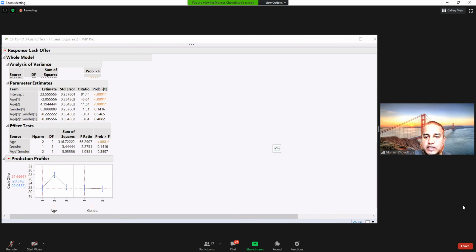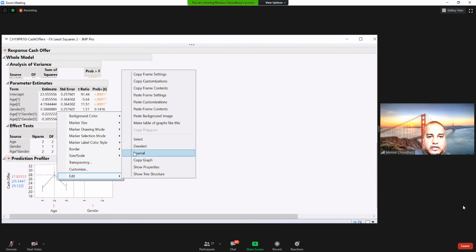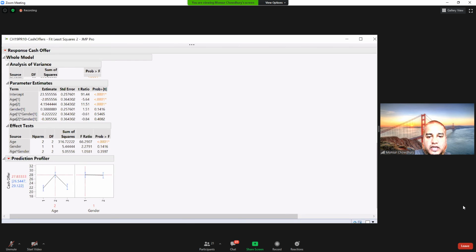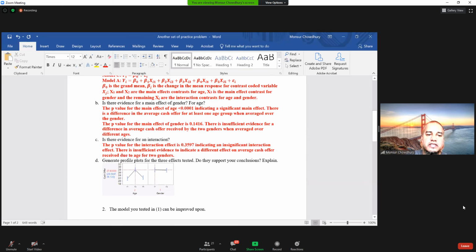If you go to the graph, you can copy it and put it in our document. This is how I put the graphs.